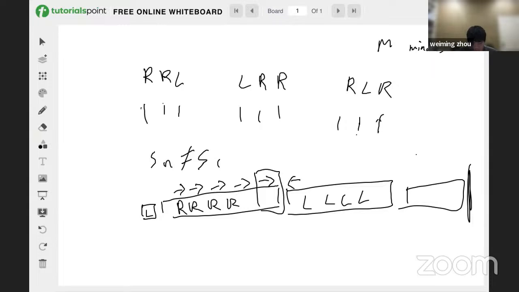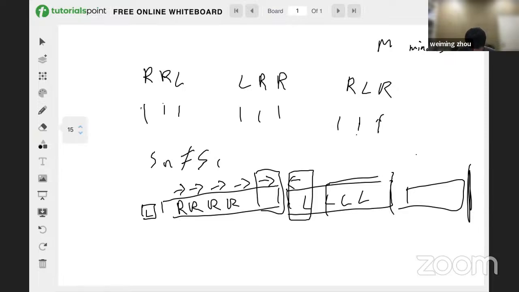And all the cows to the left of it will end up losing 1 unit of milk over the course of a minute. And similarly, if we have a block of L's, the cow on the very left is the one that conserves the amount of milk it has, and all the other cows to the right of it will lose milk over time.